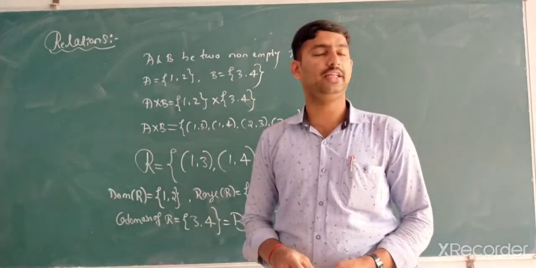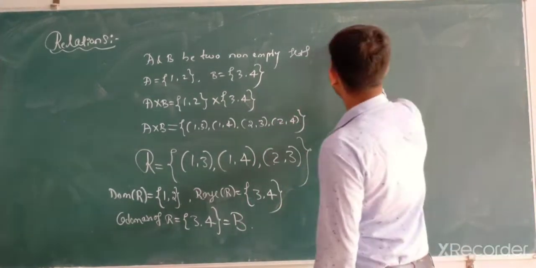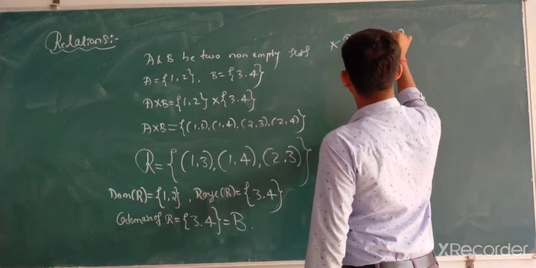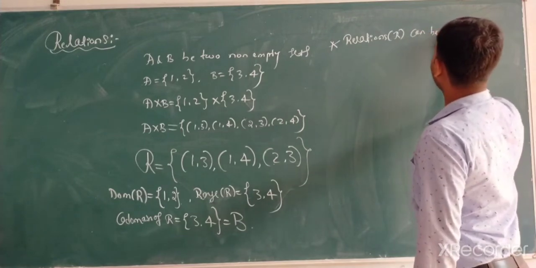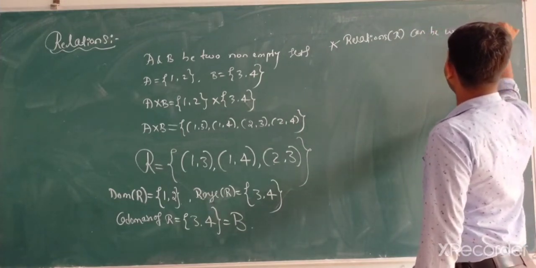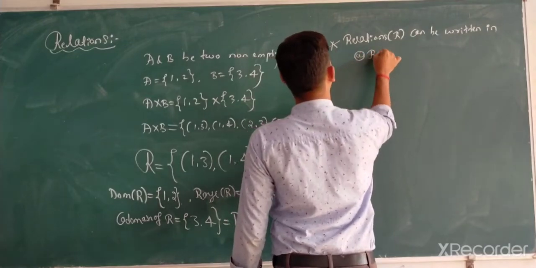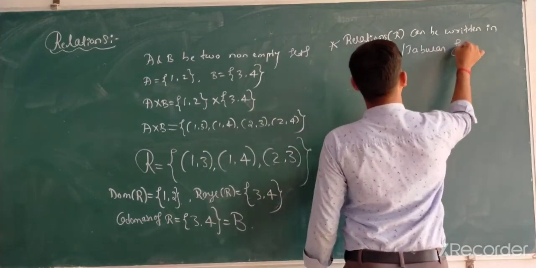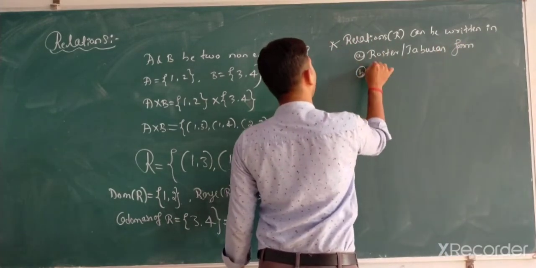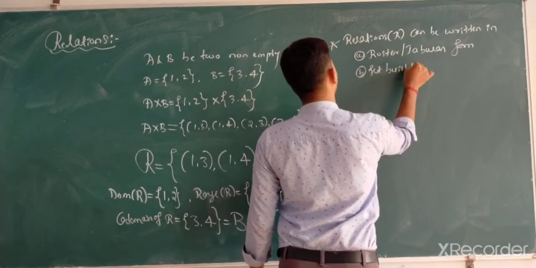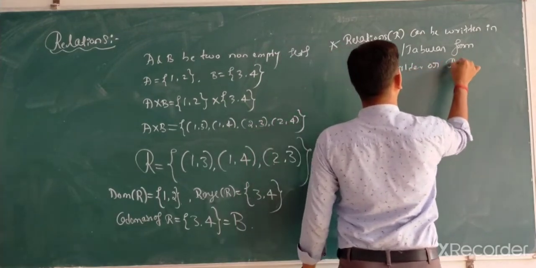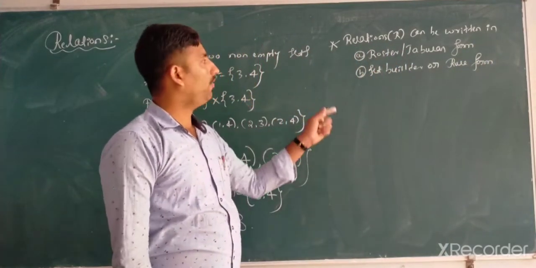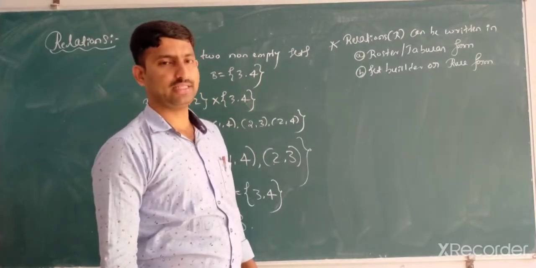Or relations can be written in set builder form, or rule form. Correct?